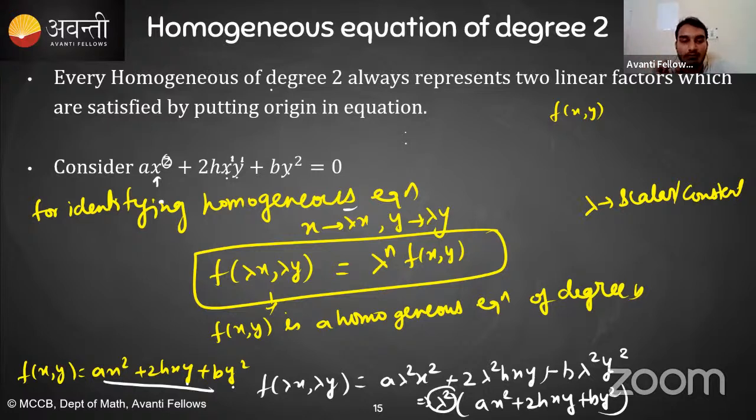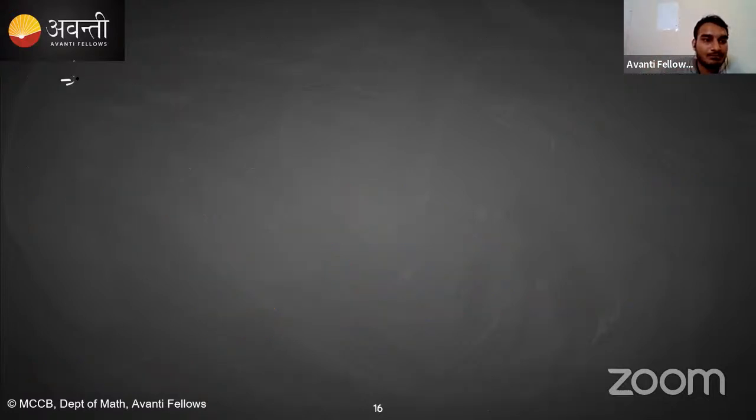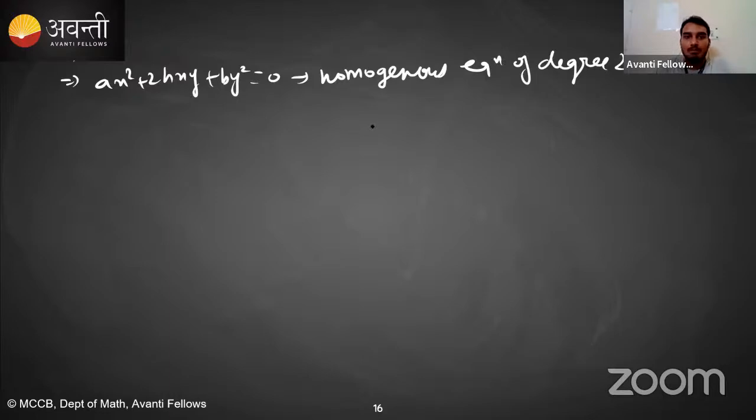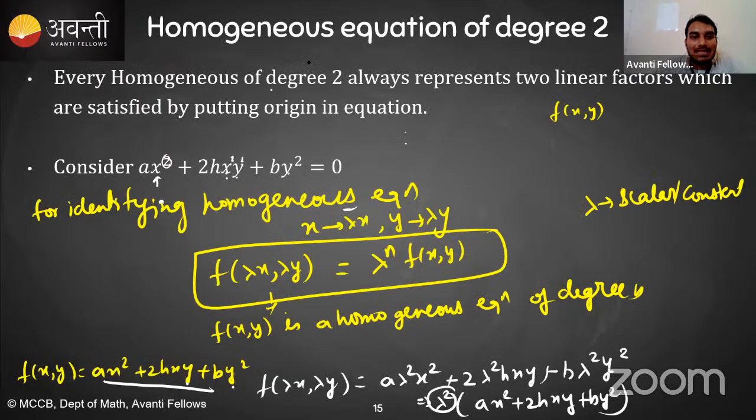We have proved this, right? So ax square plus 2hxy plus by square is equal to 0 is a homogeneous equation of degree 2. Clear?